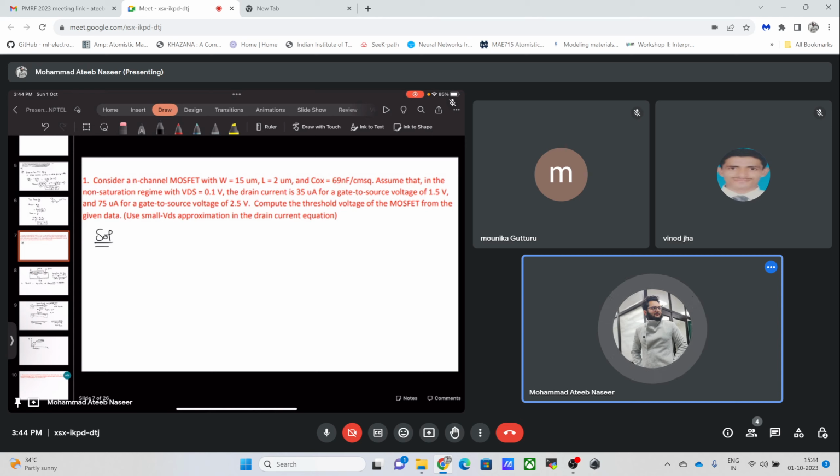So it says that we have this n-channel MOSFET, meaning a p-type substrate, with W equal to 15 micrometer, and the length of this channel is 2 micrometer, and the oxide capacitance is 69 nanofarad.